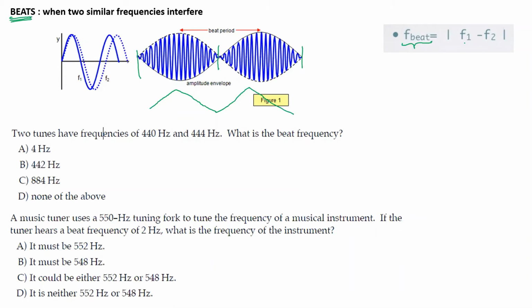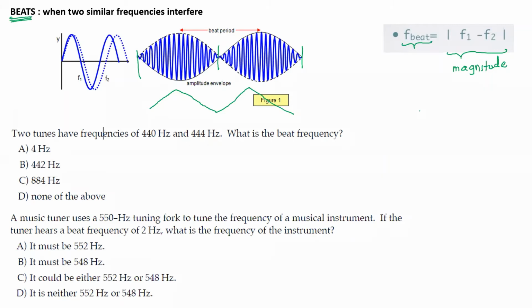What you do is take the difference of the two frequencies that made this pattern. You just take the difference. This is just a magnitude, so there are no negative frequencies, right? We don't know which one is big and which one is small, but what we know is the difference is the beat frequency.